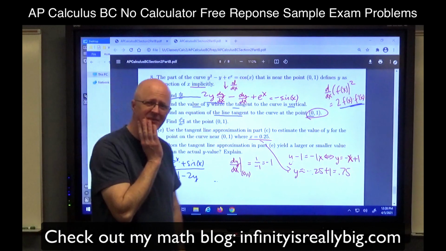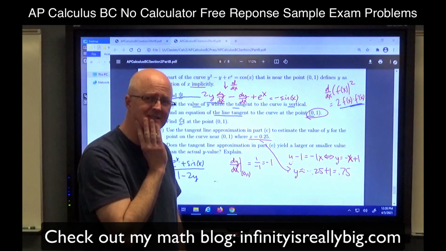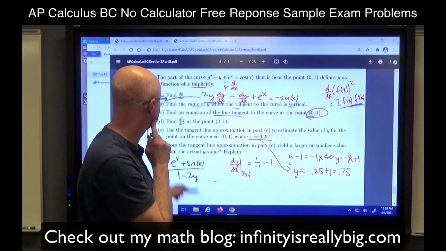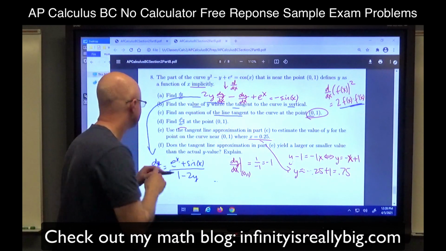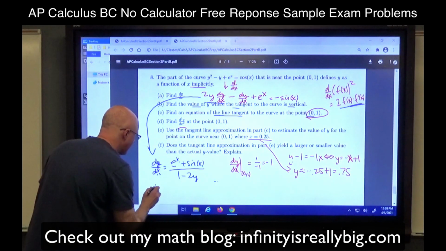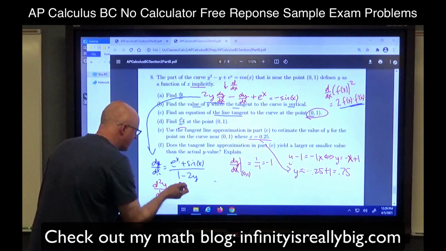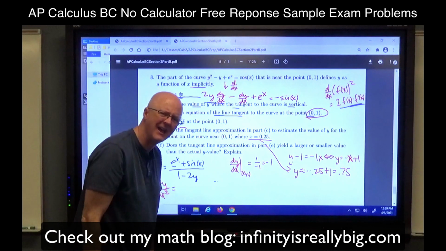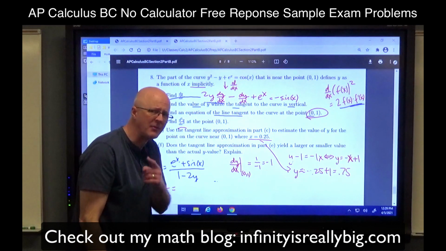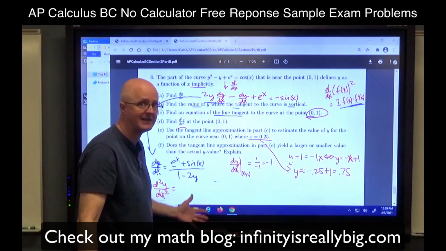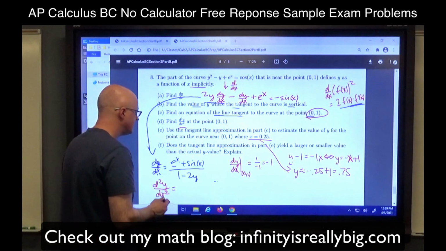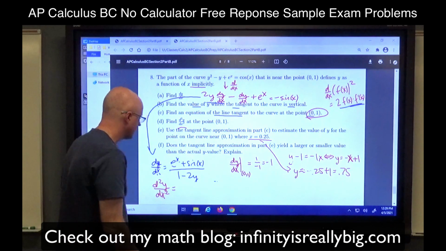I guess I need to differentiate both sides with respect to x to find the second derivative. But wait a minute, the right side involves a y. How do you do that? Well, remember, y is a function of x. I could replace that y with an f of x.